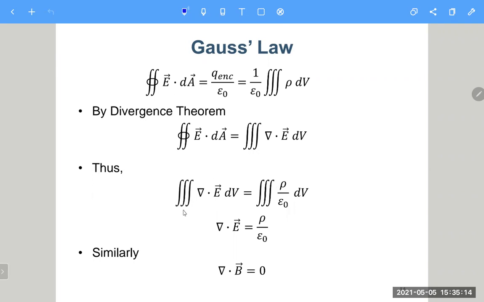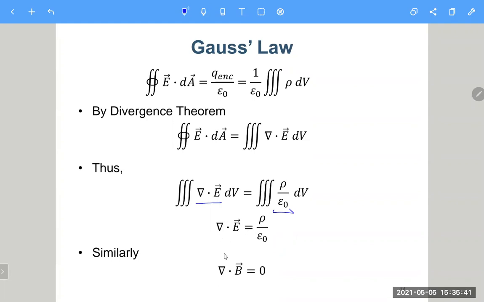Otherwise, if we take an arbitrary volume, the triple integrals won't be the same. So the divergence of E should be rho over epsilon naught. This is the differential form of Gauss's law for electricity.